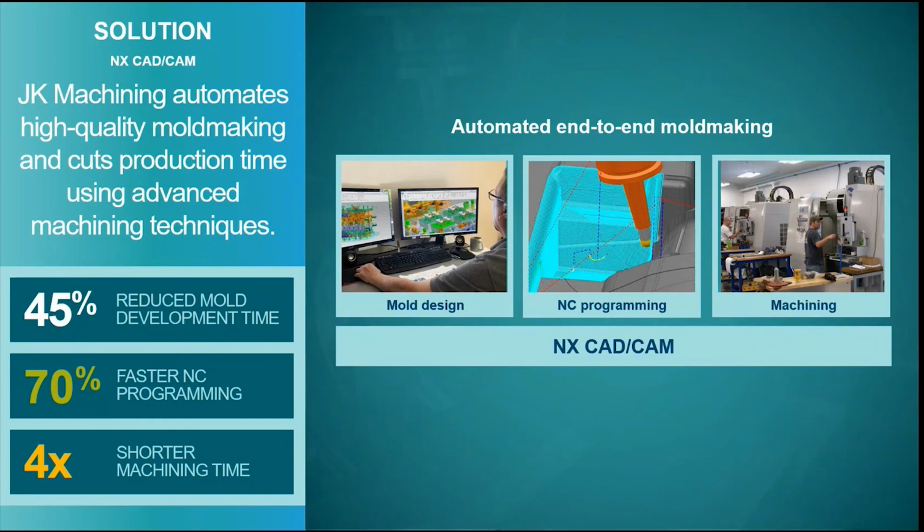That can really cut down a tremendous amount of time. So overall, that led to over 4x shorter machining time in the tool and the capability to produce the desired cutting path for their shop practices the way they wanted, along with optimized tool path.